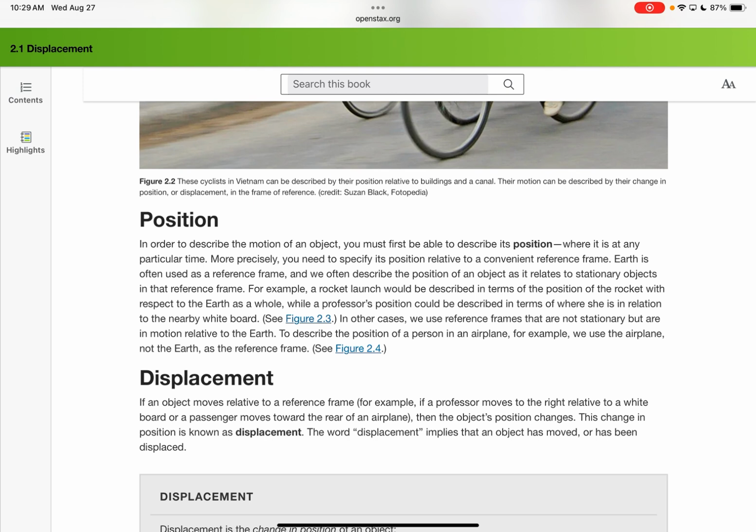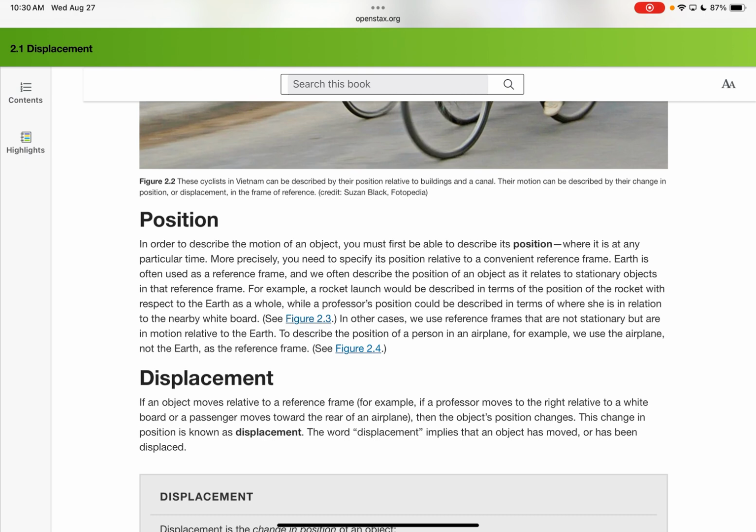And so you travel from your house to your destination. Your frame of reference is the house that you started from. That's your starting position. Your ending position is where your destination ended at. And so that defines what we're moving towards.